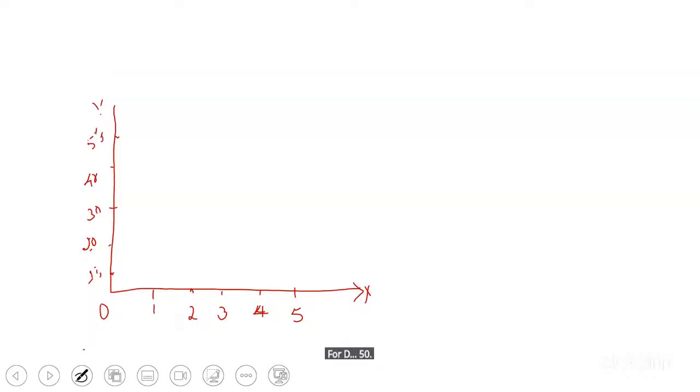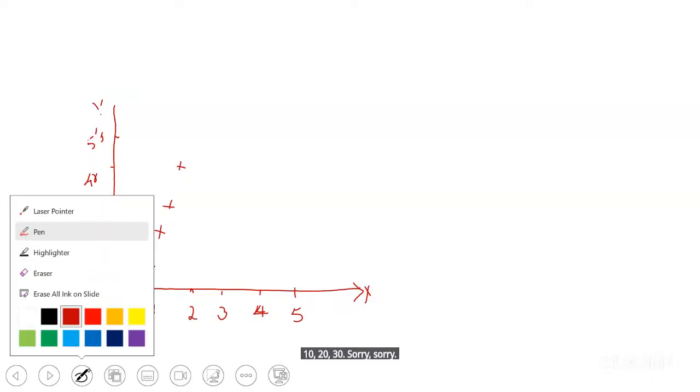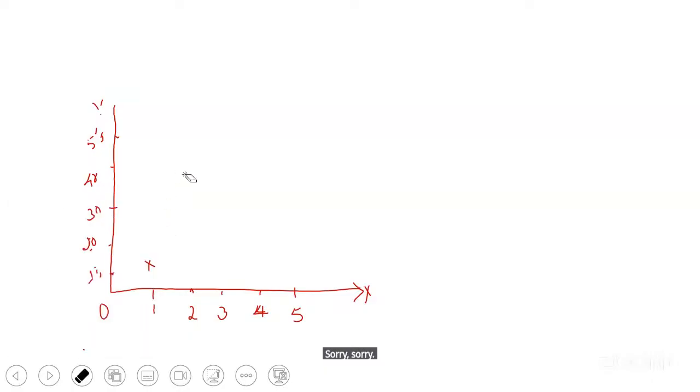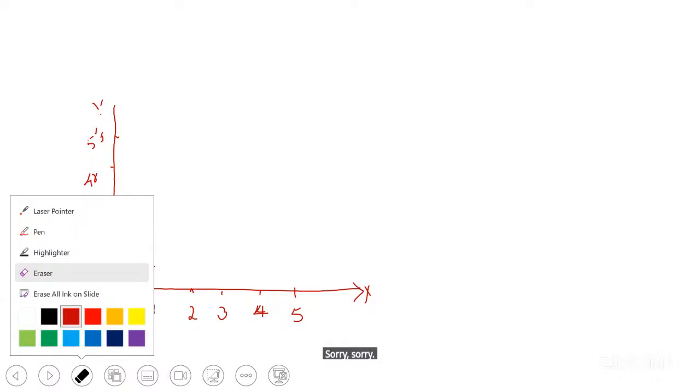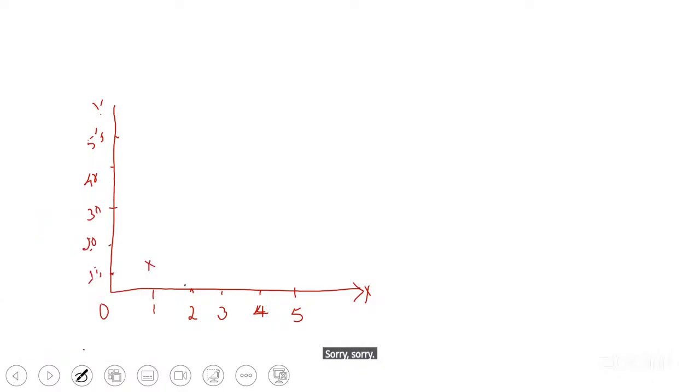First, let us calculate TR. 10, 20. For the third unit it is 30, for the fourth unit it is 40, for the fifth unit it is 50.